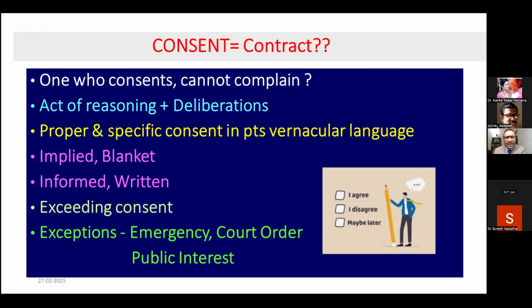So it can be implied, blanket, informed, or written, and sometimes one can exceed the consent. And always in our medical practice, we need to know about the exceptions, maybe an emergency, court order or public interest, wherein consent cannot be given unless it is a life-saving procedure.